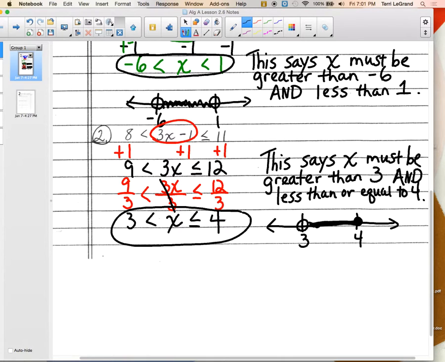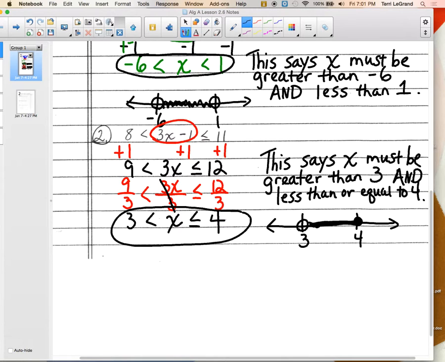So 3 is not included, anything bigger than 3 is, and then 4 is included, and anything less than 4 is, and nothing outside of that region would be in our solution set. So there's our solution set represented with a graph. Okay, so those are our and ones.